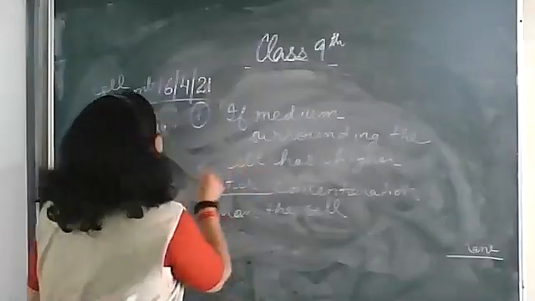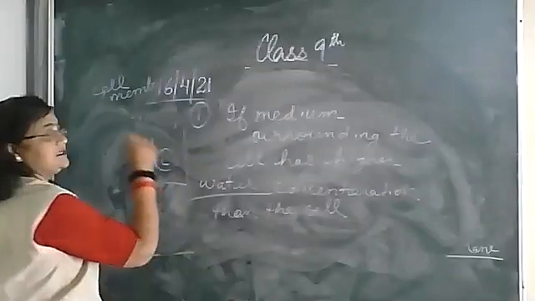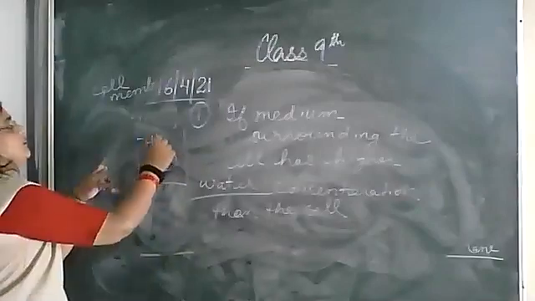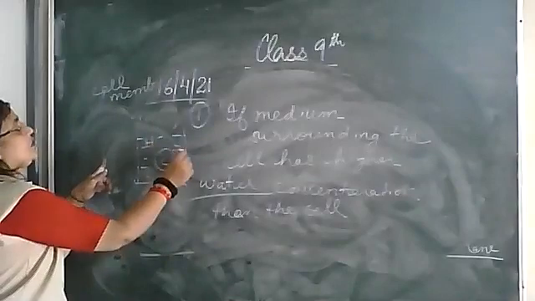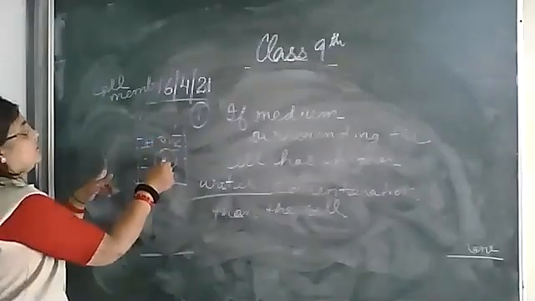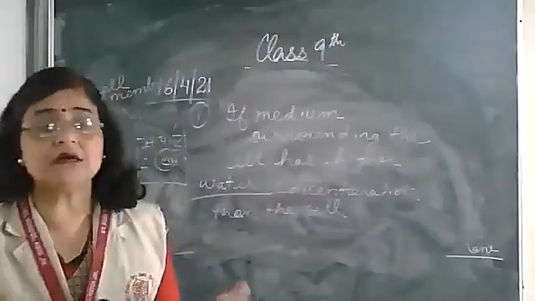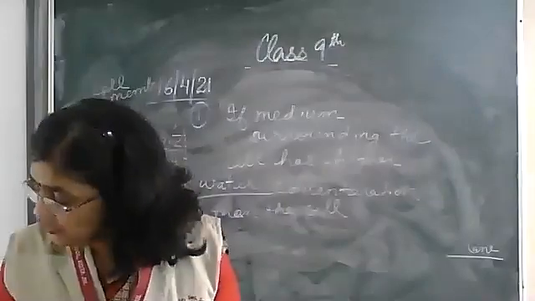Medium means the surrounding water. Here the water may be, say, 90% and in the cell the water concentration is 10%. So if the medium has higher water concentration than the cell, what will happen?